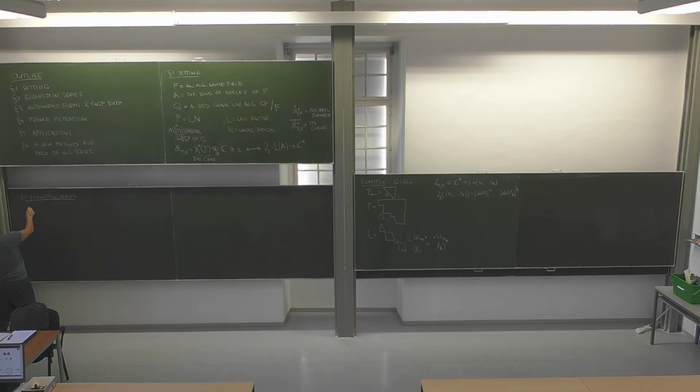So I want to take capital Pi to be either a cuspidal or residual automorphic representation of, let's say, L(A). So this is the Levi factor of the given parabolic.